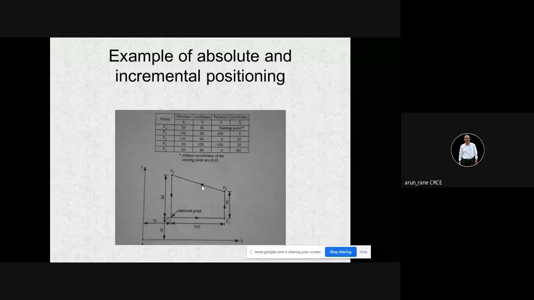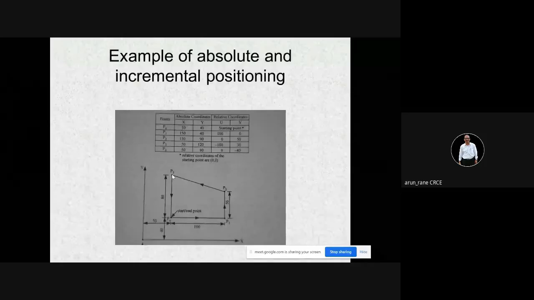So this will be X minus 100 and Y will be 80 minus 50, so 30. Then this. So that will be now X0, isn't it? And Y will be minus 80 from here to here. Y minus 80. So this is what is your incremental.